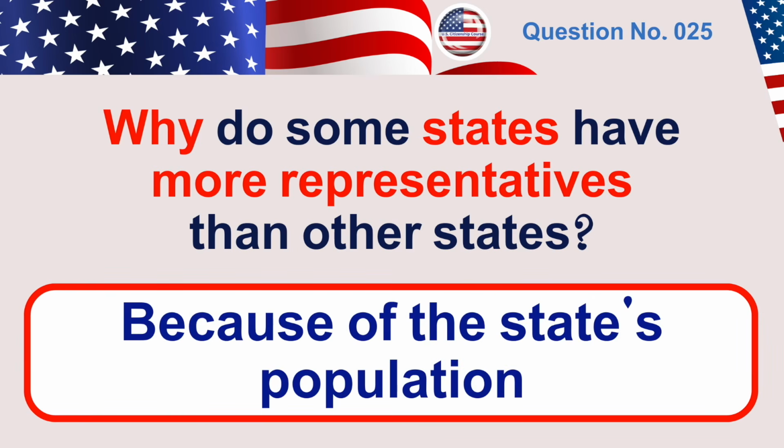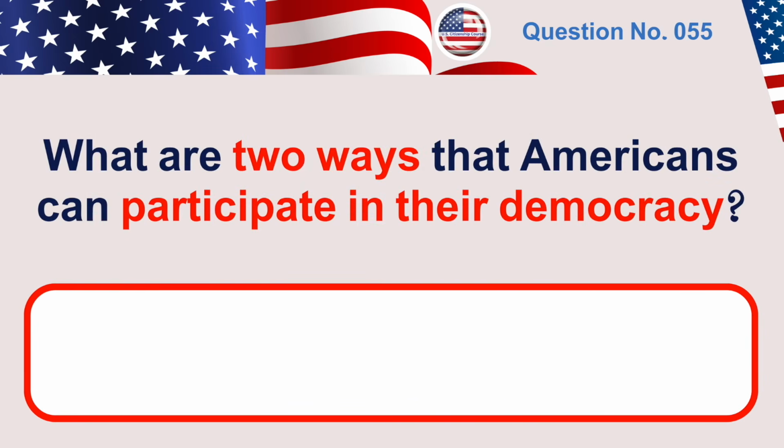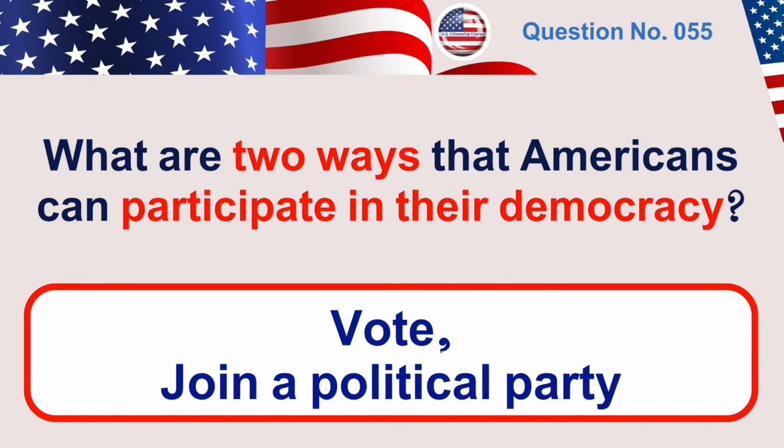Because of the state's population. What are two ways that Americans can participate in their democracy? Vote. Join a political party.